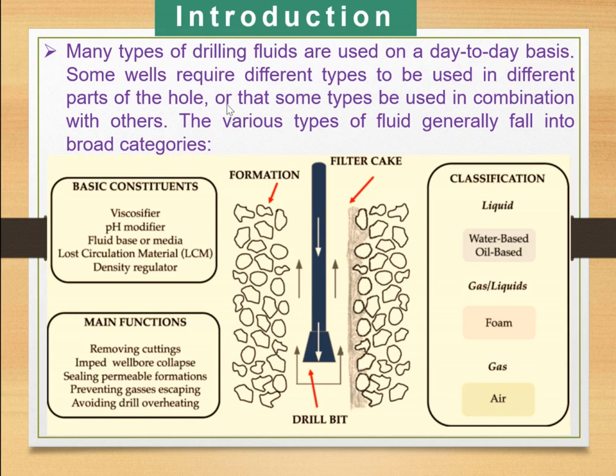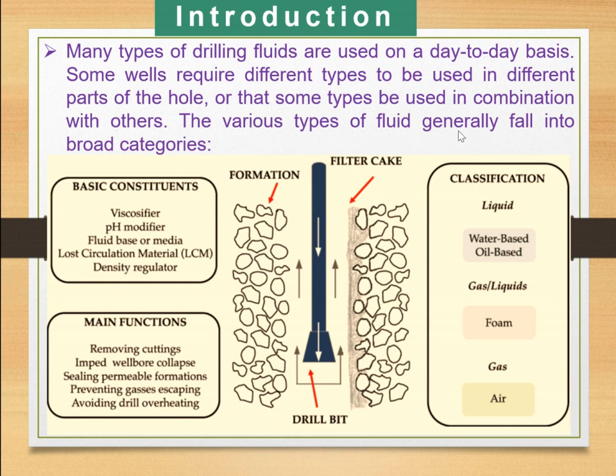With reference to that changing condition, drilling fluid properties may also need to be changed. Sometimes even some types are used in combination with others. At certain times it is observed that more than two types of drilling fluids are mixed together to make a new type of drilling fluid.